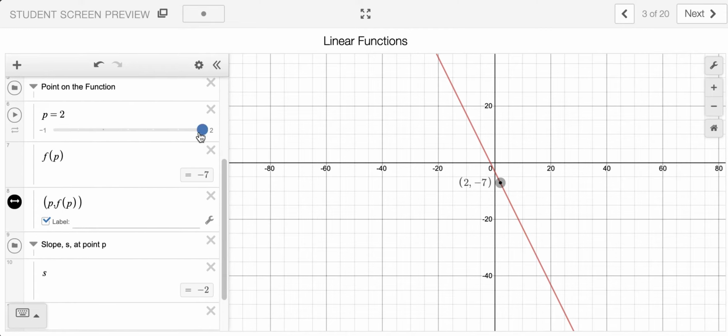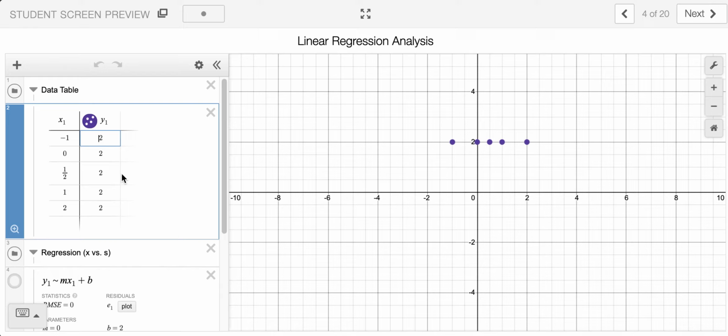It turns out we didn't need the 3 halves or the 1.5. If you go down the line here, you can see that no matter where you put that p-value, the slope always remains at negative 2.